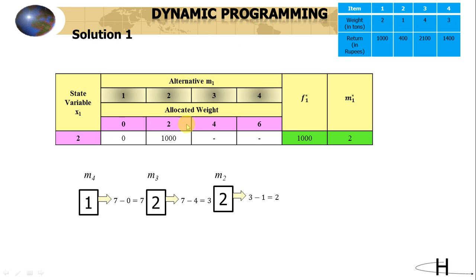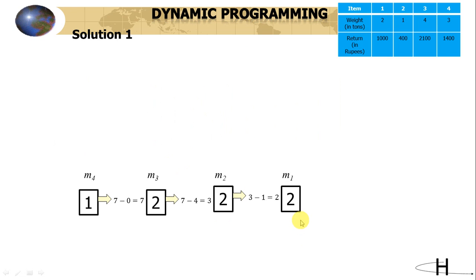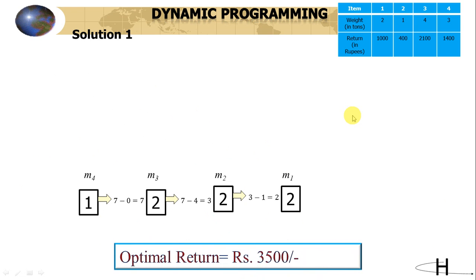When I allocate that, I will get the return of 1000. So when I use this loading policy, the best return value obtained will be 3500.